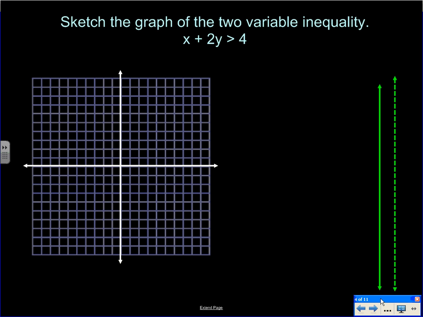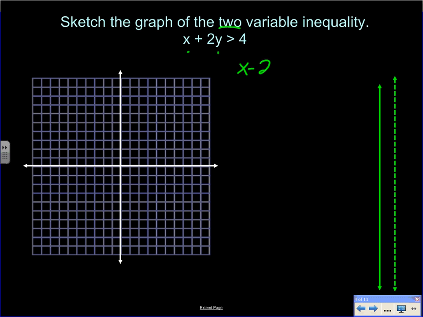This next example says sketch the graph of the two variable inequality. And you notice it says two variable inequality. It shows us two variables, x and y. Well, let's go ahead and graph this.